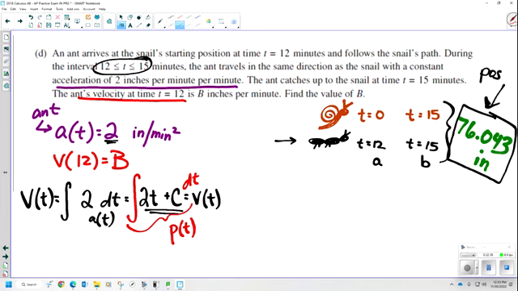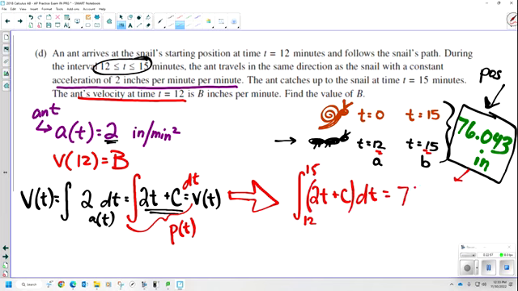To avoid getting another unknown constant when I integrate 2t plus c, I can do it from 12 to 15 because I know the total distance he covers in this time. Don't forget dt. That total distance should be 76.043. I can't just start using the calculator yet because I have this unknown.